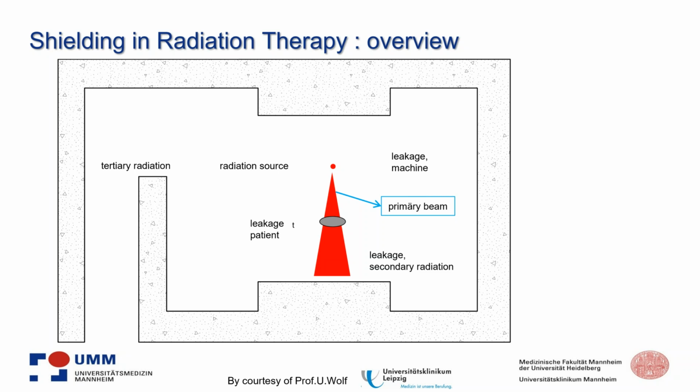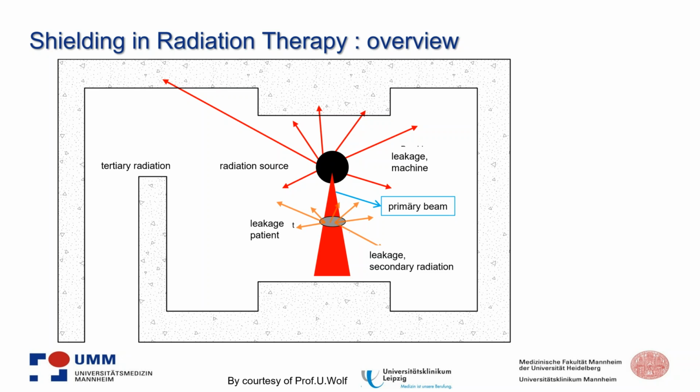So we have the primary beam, we have the radiation source. Next. We have the leakage of the machine itself, and we have the leakage out of the patient, and we have the reflected leakage as a secondary radiation from the walls, and we have reflected radiation in the direction of the door as a tertiary radiation.